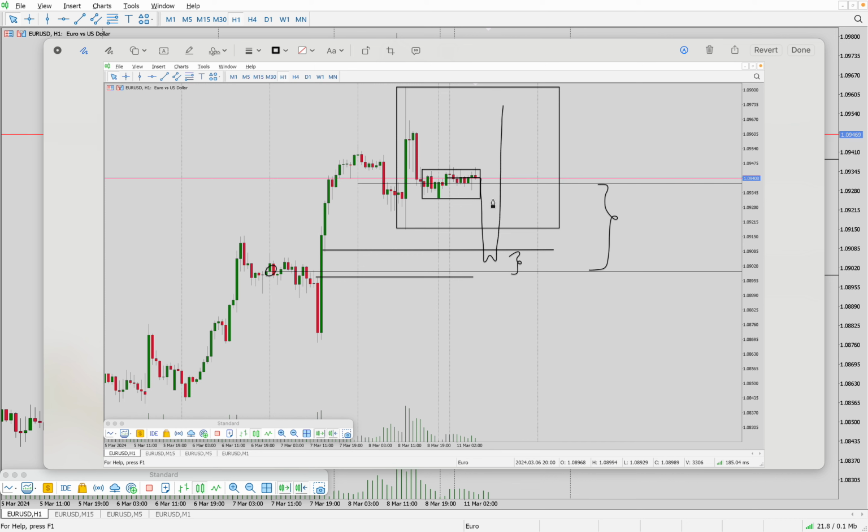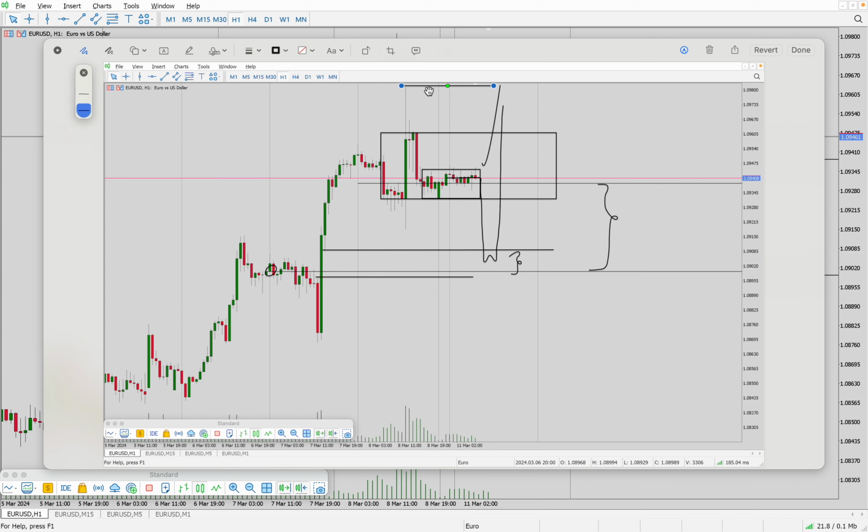If I'm not offered that setup of the low of the day, let's say price just trades out of this tighter range in here, the candles only, right? Say it just trades within there, and I get a straight away move upwards, seeking that buy side liquidity resting up in there.